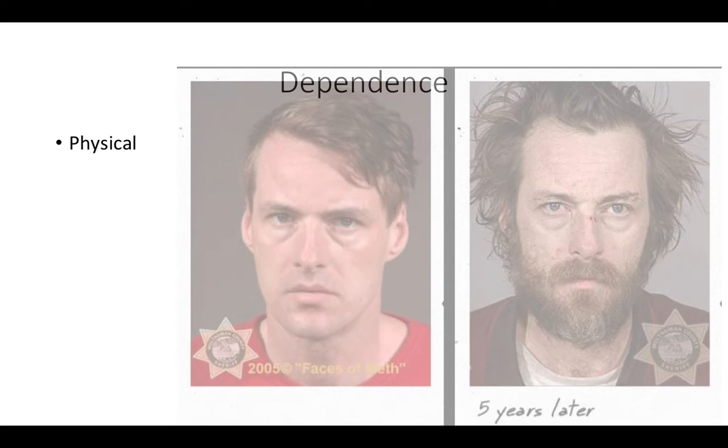Dependence. Physical dependence is when your body actually alters due to the drug on a long-term basis, or more than just temporarily while you're high, and the body becomes unable to function normally without the drug.